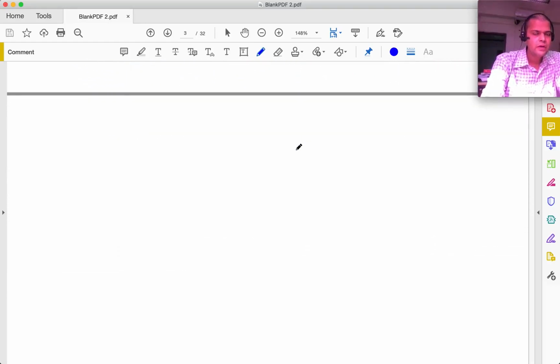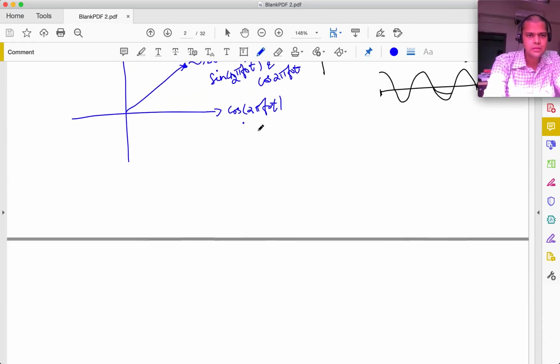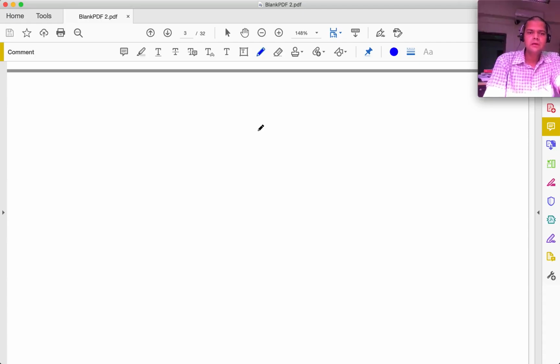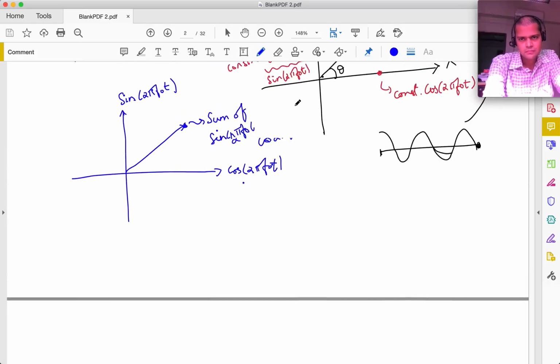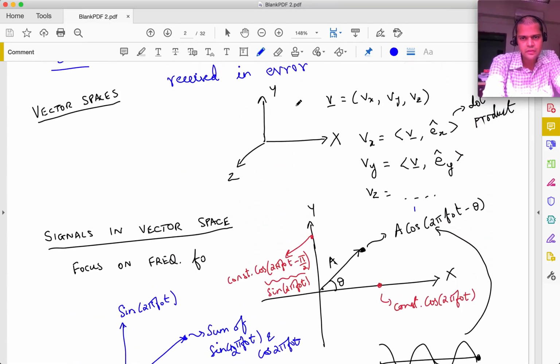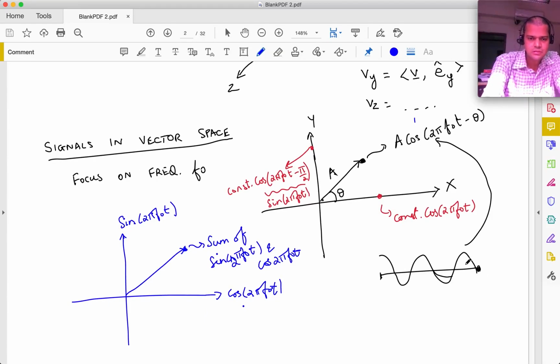The way we define a dot product, in these functional vector spaces where we are representing functions as a vector, is that your dot product is just an integral. It's sort of an extension of what we have here. Here you just have three components of the vector space. Here you have a signal which has lots of values for different time instants.